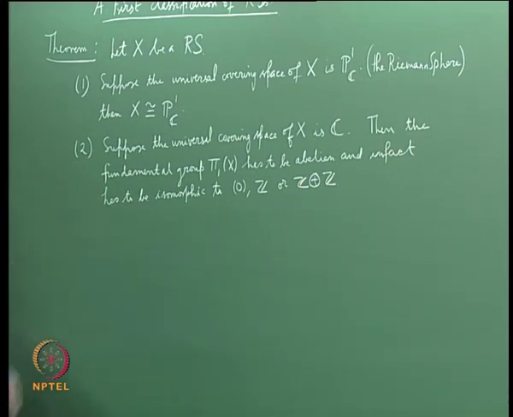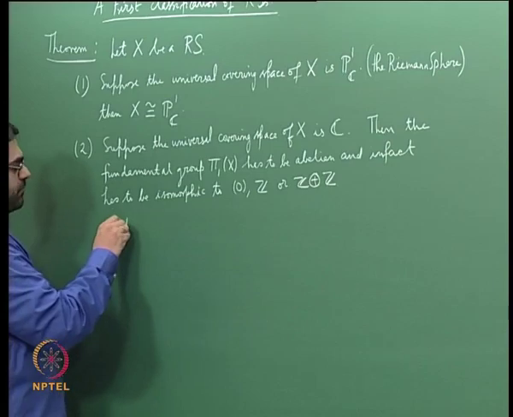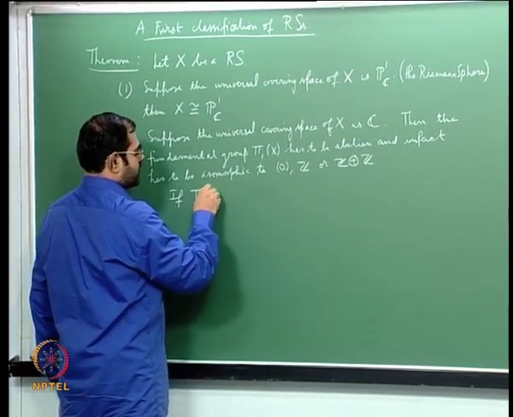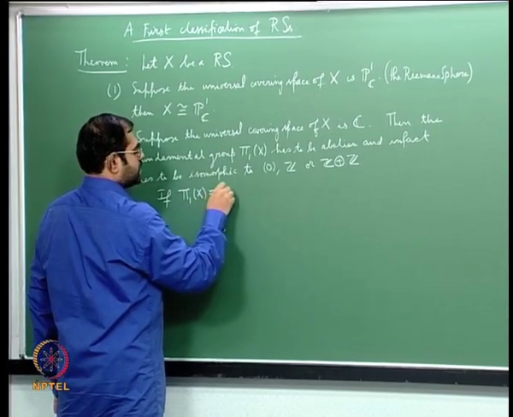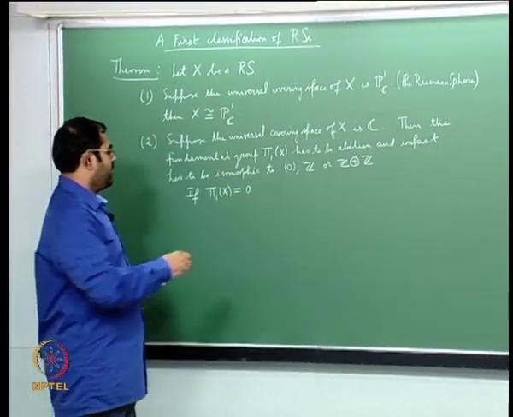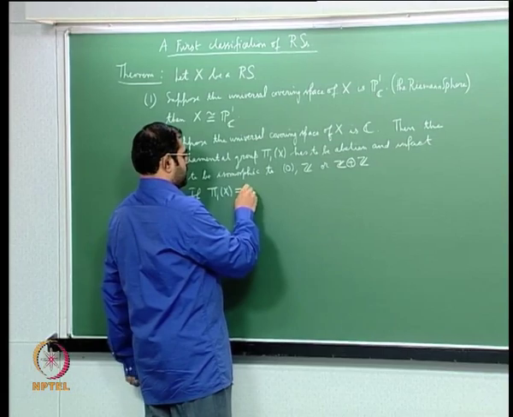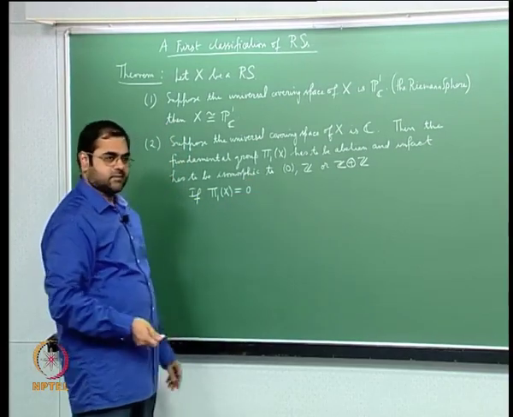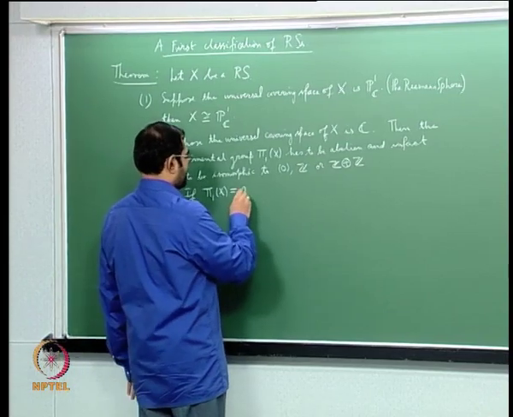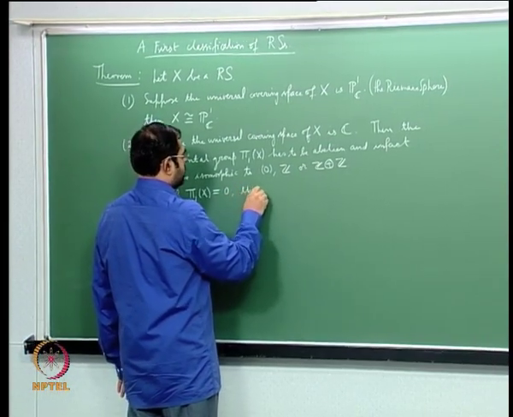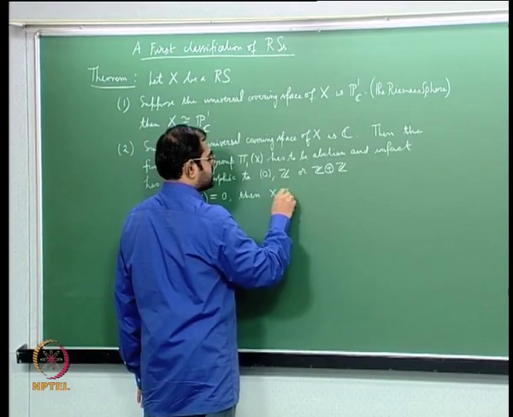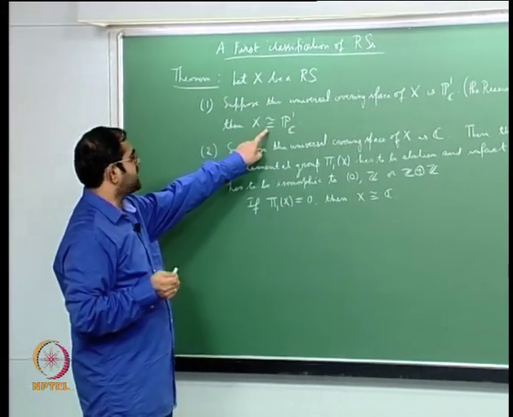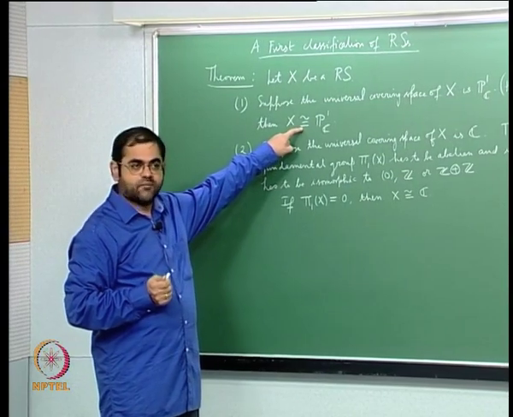And what do you get in these cases? If the fundamental group of X is 0, then X has to be just isomorphic to C. Whenever I write this isomorphism, I mean biholomorphic isomorphism.